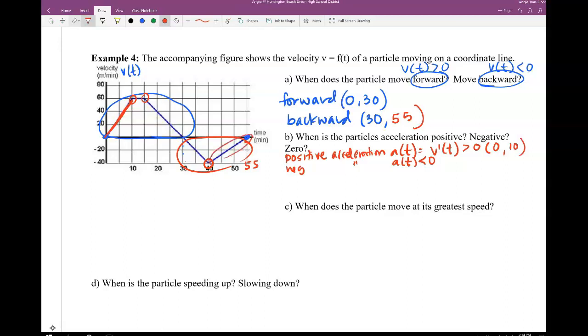Could we say that this is positive? Down here in the bottom? Yeah, for sure. That is also positive, right? That's positive from 40 to 55, okay? So it's positive acceleration from 0 to 10 and 40 to 55. Negative acceleration is when the derivative, the slope, is negative. So let's look at a couple of negative. Would you agree? It's negative from here all over here straight through.